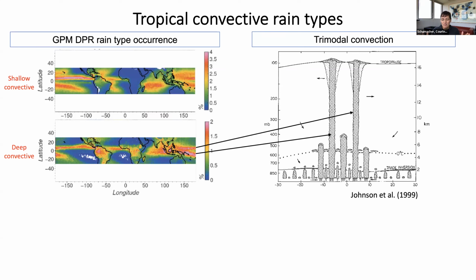This is especially so in this geographical view, so the spatial view. And so here, this is very consistent. These two towers are very consistent with where Dick Johnson and others put the upward branches of the Hadley cell.